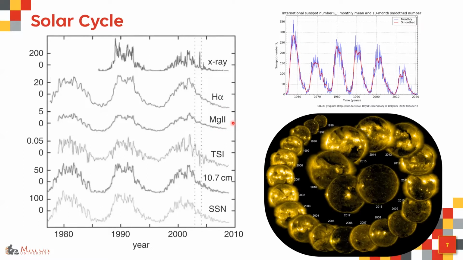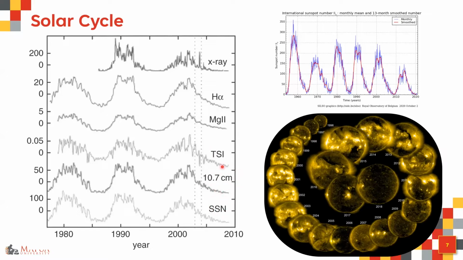You can also follow the magnesium II emission lines of the sun, which follow the same 11-year period, as do total solar irradiance, radio flux and sunspot number.